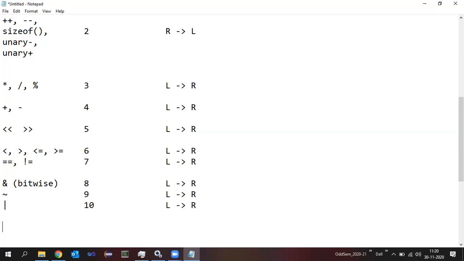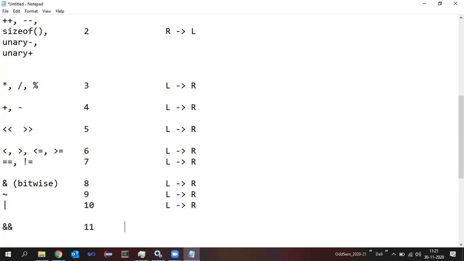And then we get the logical and and logical or. Logical and is 2 and symbols, having priority 11, left to right. Then logical or, 2 pipe symbols, priority 12, left to right.